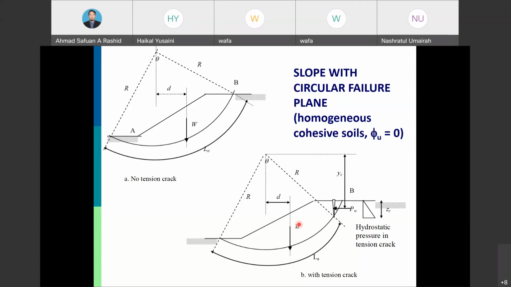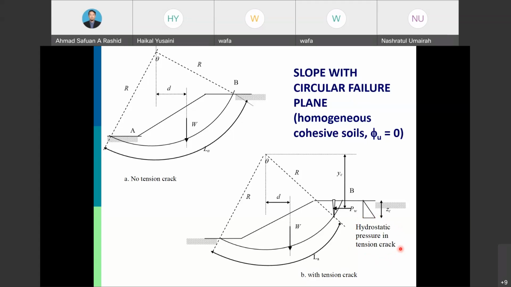For the driving moment, we need to account for the weight of this block, then multiply with the distance D. And this tension crack, by assuming that the tension crack will be full of water, we need to include the hydrostatic pressure value in the tension crack in the driving moment.